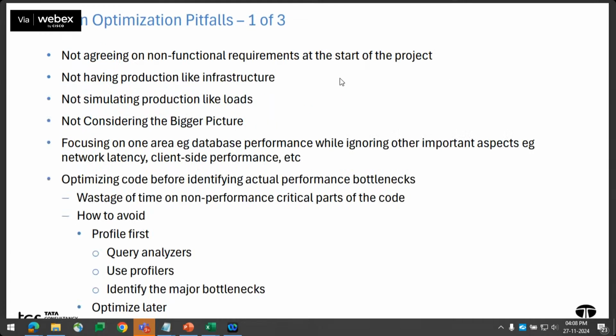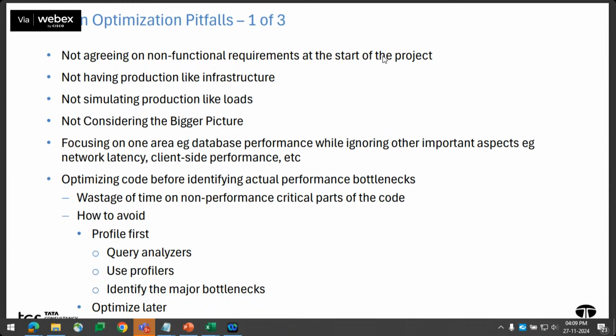Next are some of the pitfalls for optimization. At the start of the project, as the functional requirements are being captured and worked upon, we need to agree upon the non-functional requirements also, and start working out how we are going to achieve them.